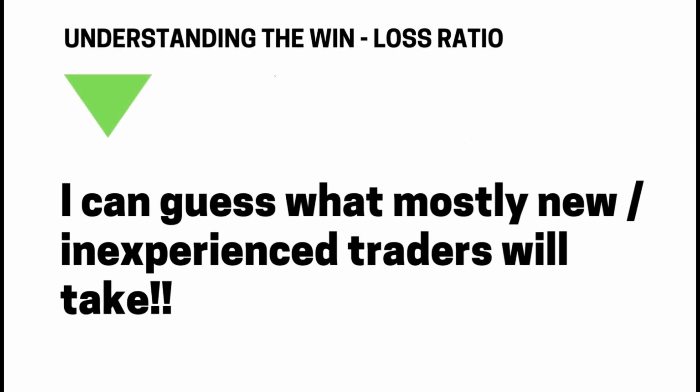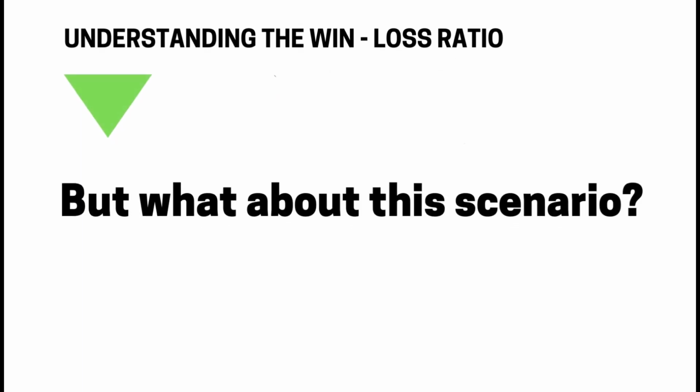Well, you can guess where I am leaning at the moment. Most new, inexperienced traders are certainly, first of all, going to take that 90% win ratio, but that could be very wrong. What about this scenario that we're going to just quickly go through now?